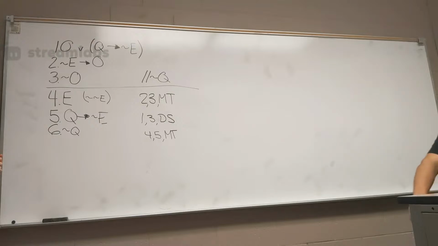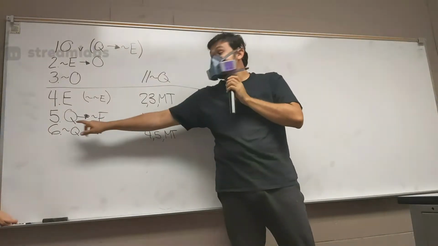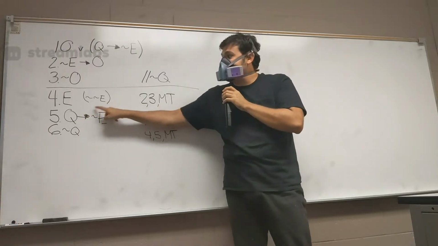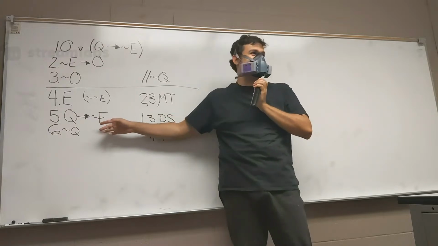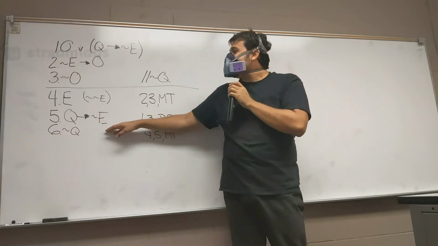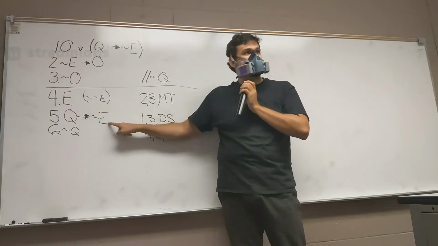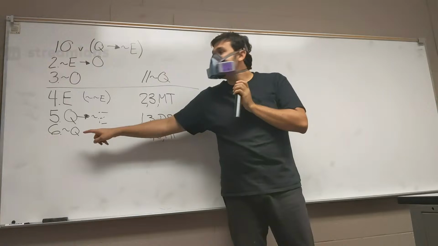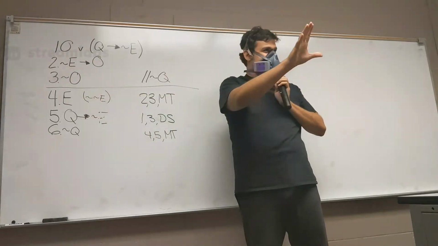So if this is the necessary condition for Q, then in order to have Q, it's necessary that you don't have E, that E is false, or not E is true. So if I have not E, that's just negating this right hand side, so then that means you wouldn't have Q. Does that make sense? Yes. So if I just write E, it's the same as not E. Okay, that makes sense.